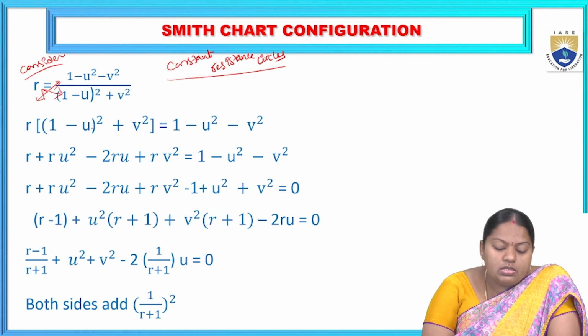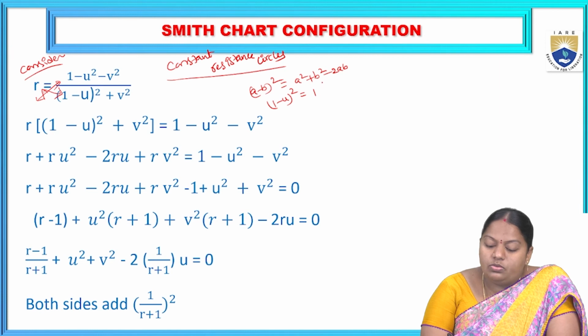So now (1 minus u) whole square, if you expand this in terms of the (a minus b) whole square formula, a minus b whole square equals a square plus b square minus 2ab, right? So here we have 1 minus u whole square, which is 1 plus u square minus 2u.